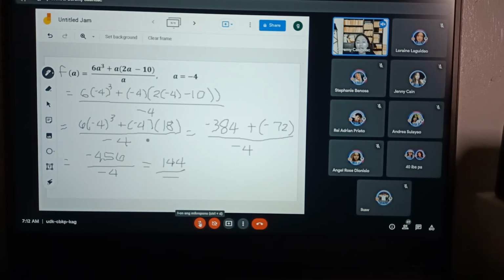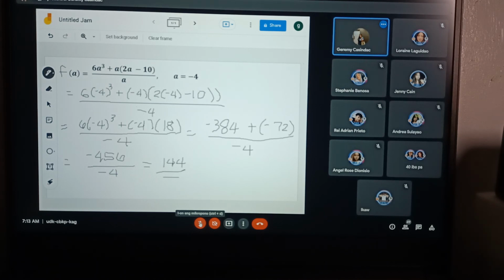Times negative 4, negative what? 64 po. Ayun. Okay po, thank you po. How about yung iba may question? Okay, pakicopy na muna natin ang example number 3 natin.